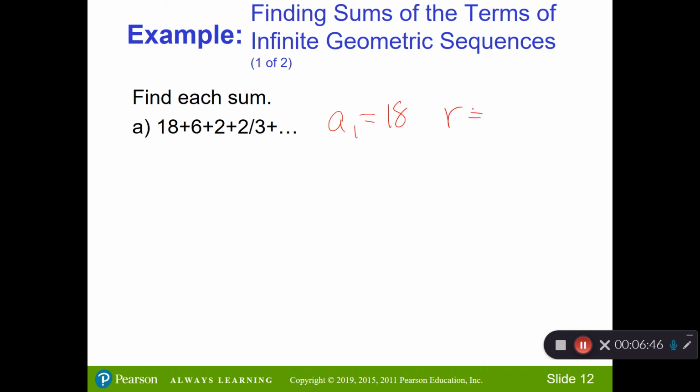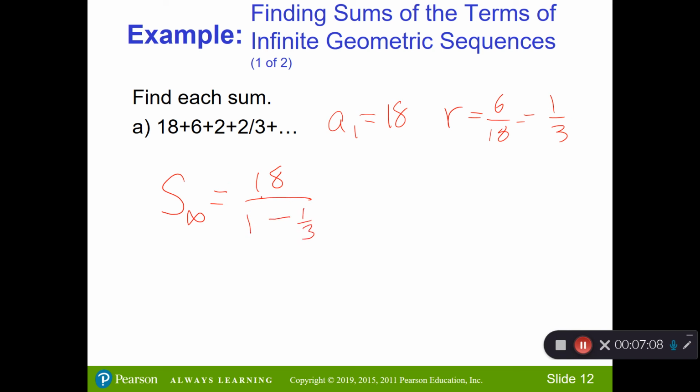All right, here my A1 is the first term that appears, the 18. The r I find by taking any term in the sequence, 6, and dividing by the term preceding it, 18. So that's a third. So my sum is equal to the A1 over 1 minus the r.